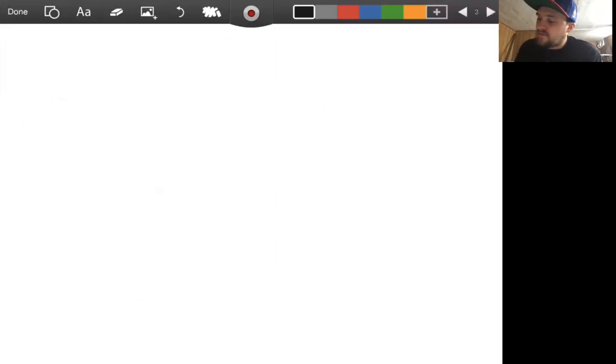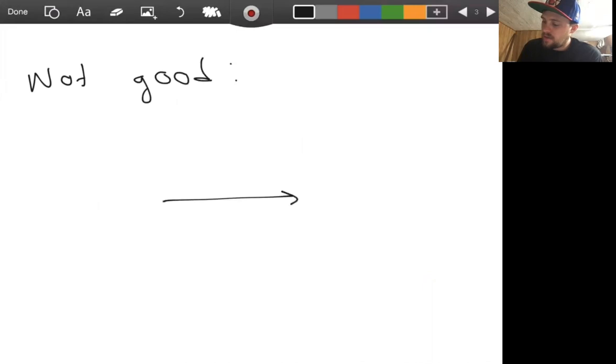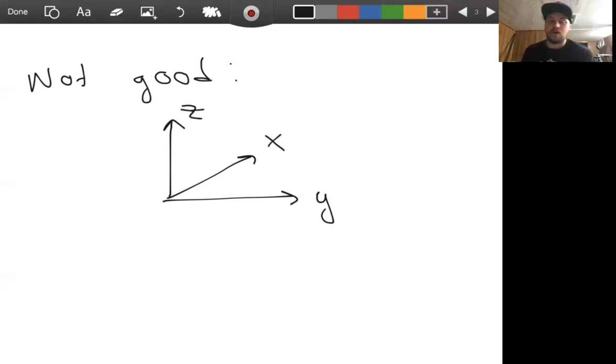And so an example that is not good would be if I took this and just flipped x and y, right? So now what would be positive x is into your screen, and then the YZ plane is your screen, okay?